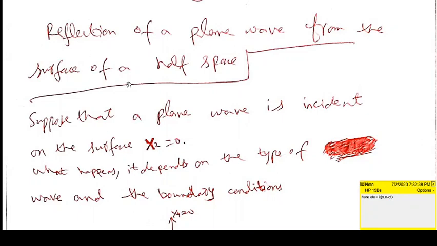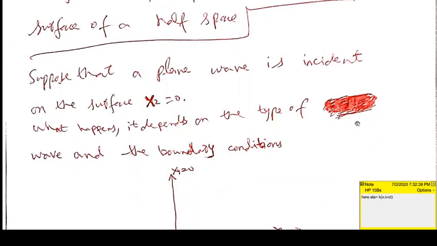Suppose that as we have a half space, then it means that we have reflection only. So we consider the SH wave as incident and reflected with both types of boundary conditions. First we will see with the help of the clamped boundary, then we will see with the help of the free boundary.